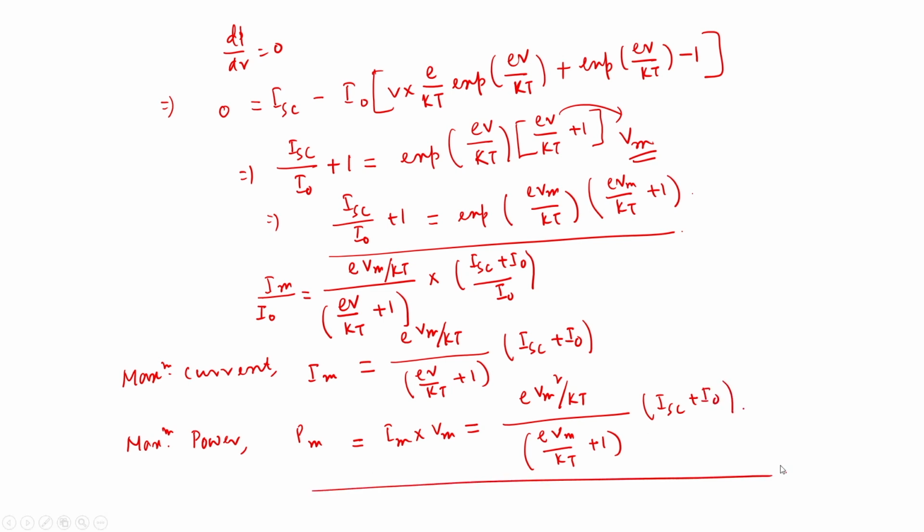Okay. So, this is how we can calculate the maximum current and maximum power. So, this is numerically we have calculated, and this can be compared with the experimental results, right.